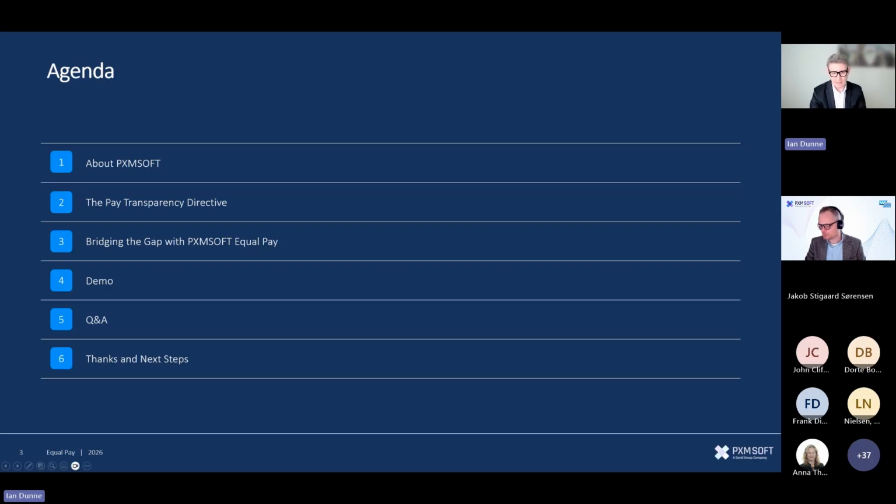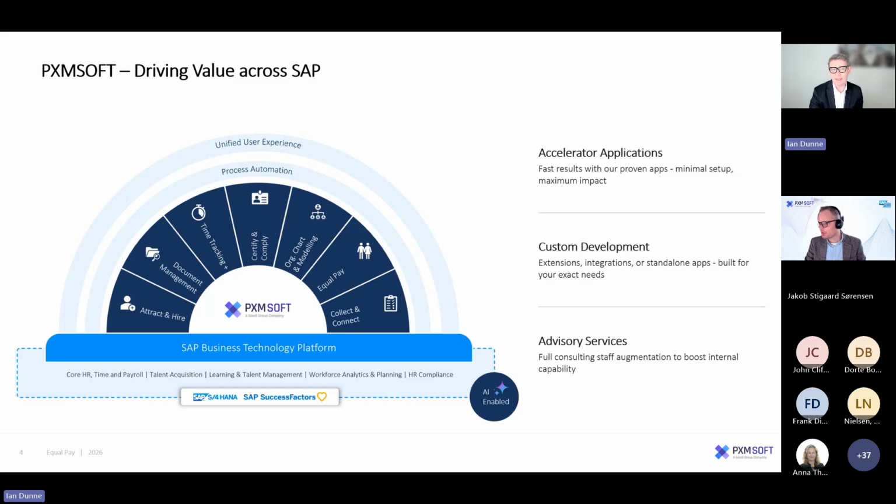If we move forward, just to tell you a little bit about PXMSOFT. PXMSOFT is a part of the Gaudi Group. It is a standalone functional application development and bespoke application development company that is working to support HR teams, primarily across EMEA, but we do have clients further afield as well. On the left here, you'll see some of our standard applications which are available in the market.